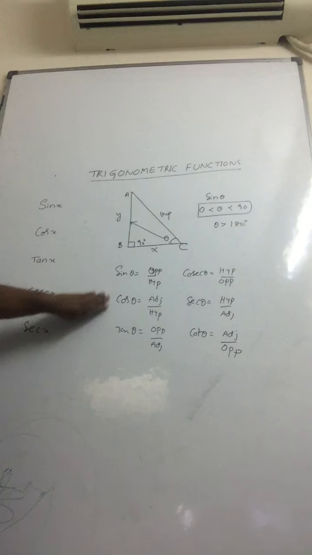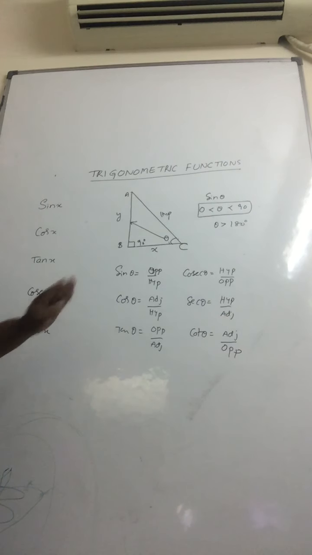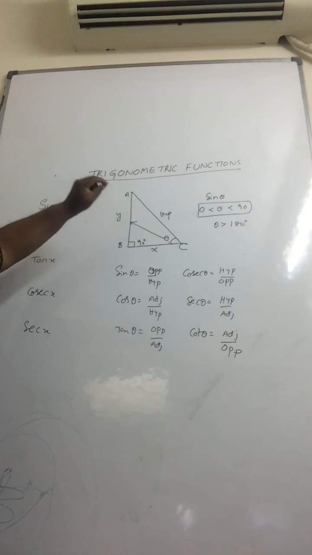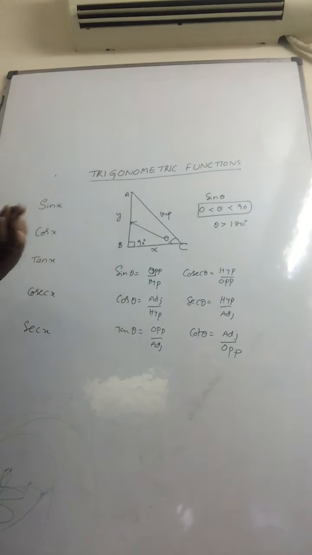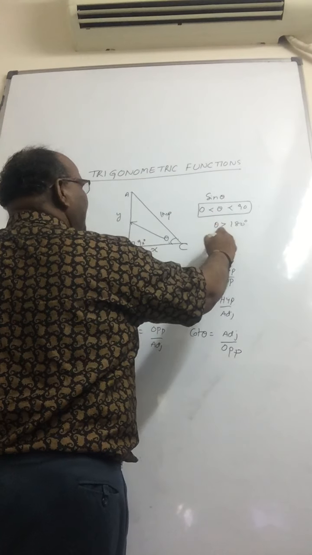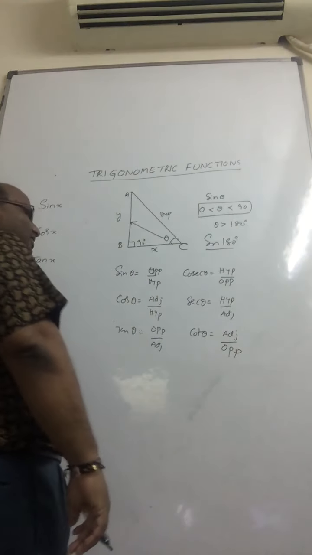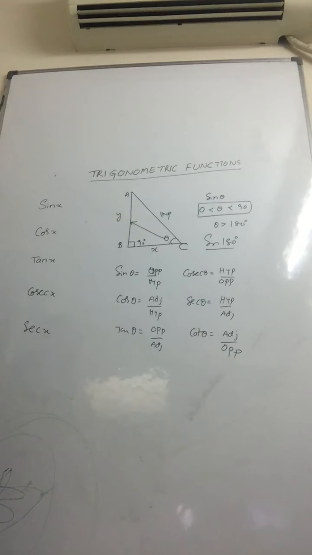So these definitions are valid only for a right angle triangle, particularly when theta lies between 0 and 90. So to find functional values at higher angles, we should extend the definition to one which is suitable for all angles.